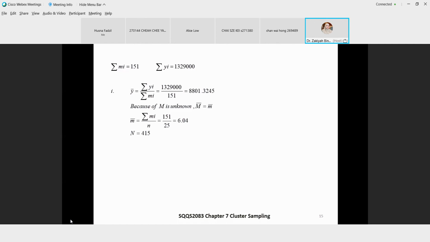Remember, that's a key thing with cluster sampling. Big M is unknown, so you assume that the average big M bar is the same as small m bar. Small m bar is given by the summation of m_i divided by the number of clusters. 151 divided by 25, you get 6.04.